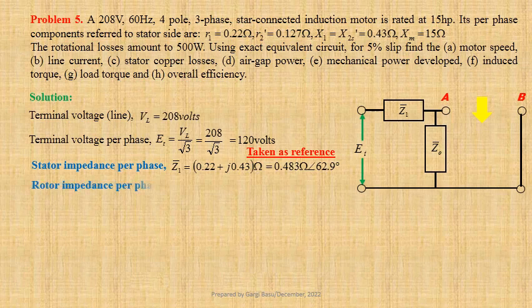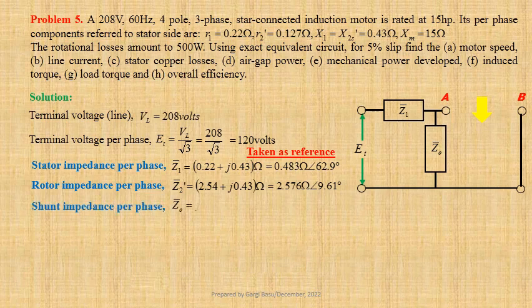Rotor impedance per phase referred to the stator Z2' equals 2.54 plus j times 0.43 ohm, that is equal to 2.576 ohm at an angle 9.61 degree, and shunt impedance per phase Z0 equals j times Xm, that is equal to j times 15 ohm. This may be written in polar form as 15 ohm at an angle 90 degree.